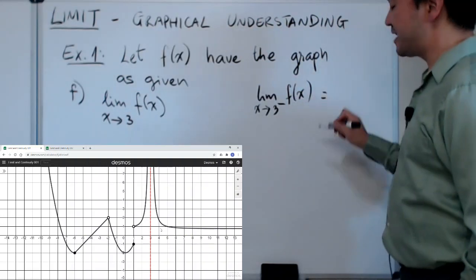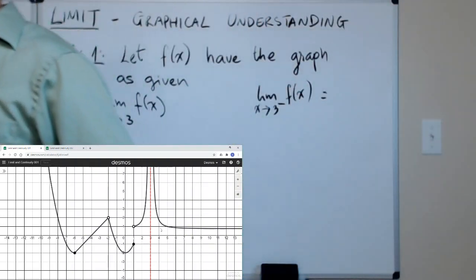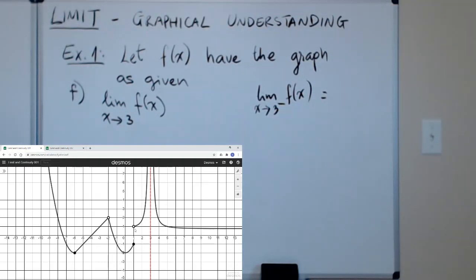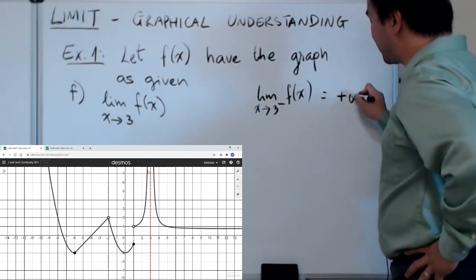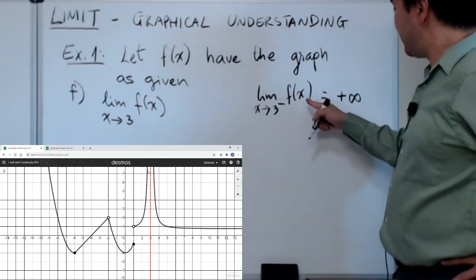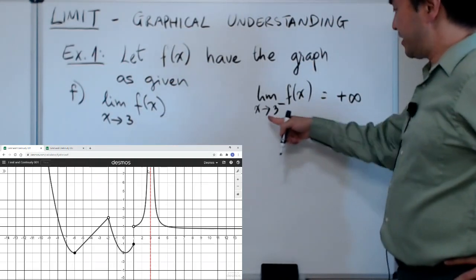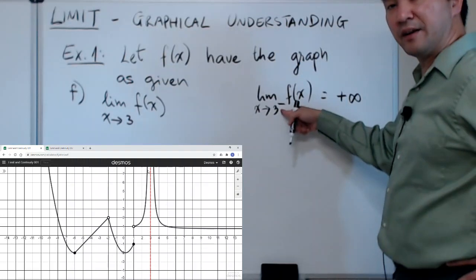So tracing along, it looks like when I'm getting closer to 3 horizontally, my vertical height keeps rising and rising and rising. And so here I can say that I'm reaching positive infinity for the f of x output, as I'm getting closer to 3 from the left-hand side.